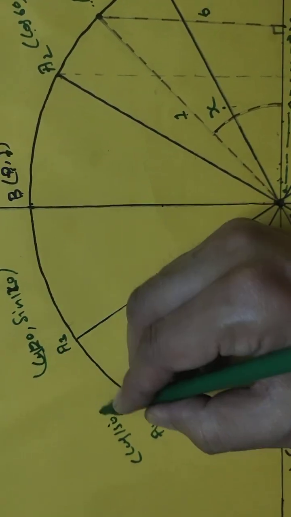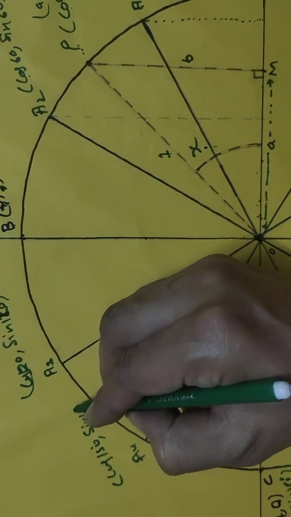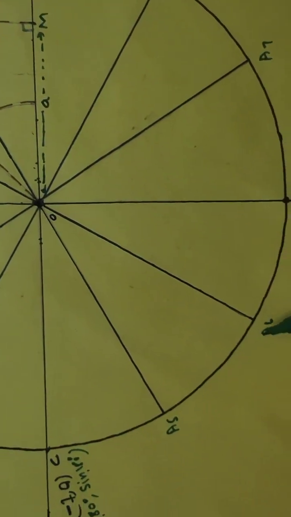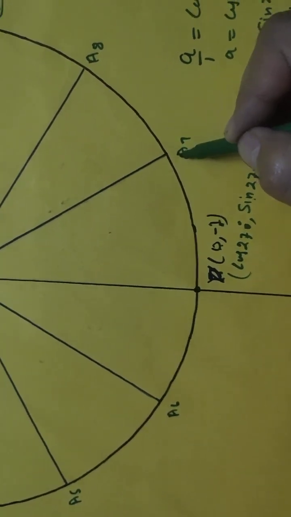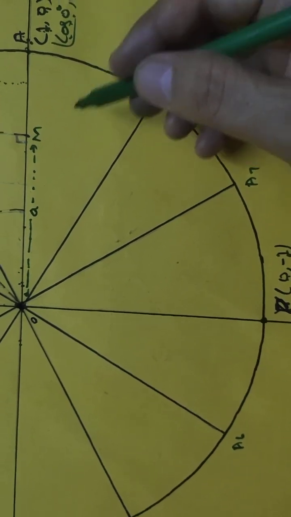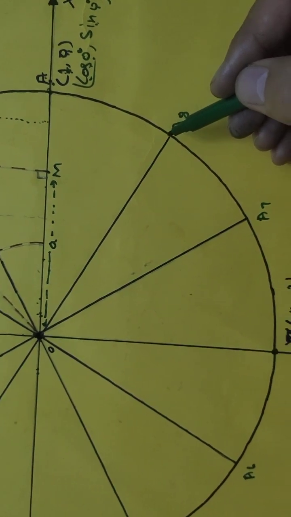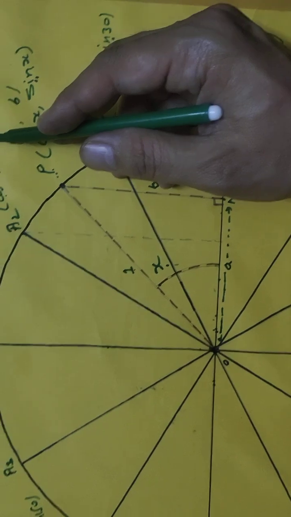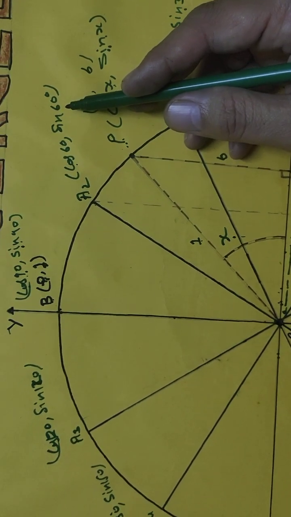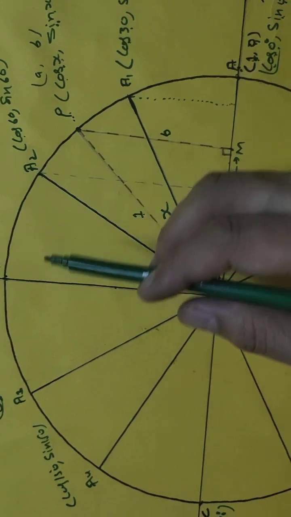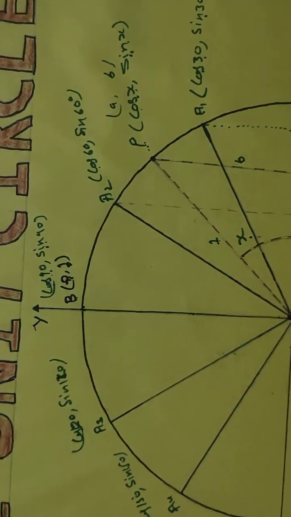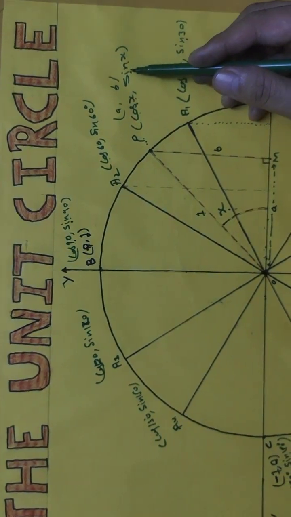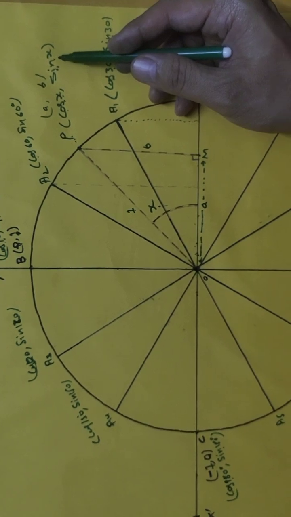So students, in the same way you can find the coordinate of points A5, A6, A7 and A8. With the help of this model, you can find all the values of cosine of angle and sine of angle. Clear? I think in this way unit circle helps us to find the cosine of angle as well as the value of sine of angle. Thank you.